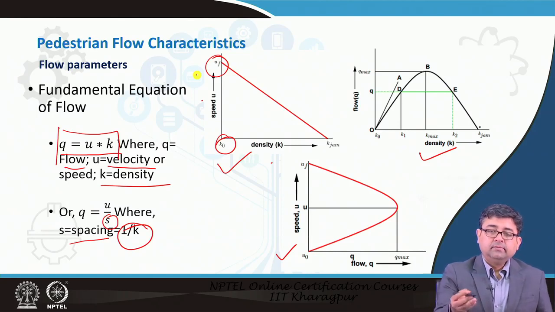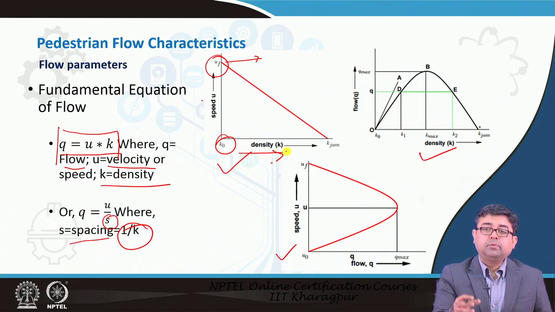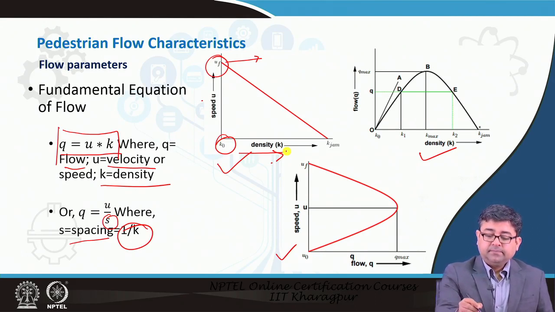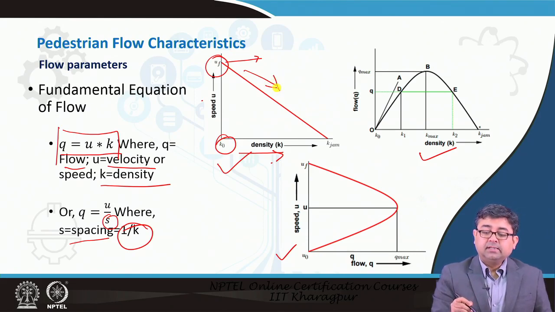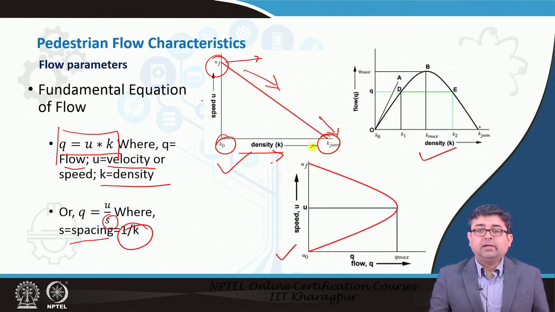So, that is called free flow speed. You can walk at whatever speed you want to. However, as the density starts increasing, as more and more people start to walk along that given space or the sidewalk, then the speed of the individuals walking starts decreasing, and it comes to a point where we call it jam density, where nothing moves, right, you are stuck.